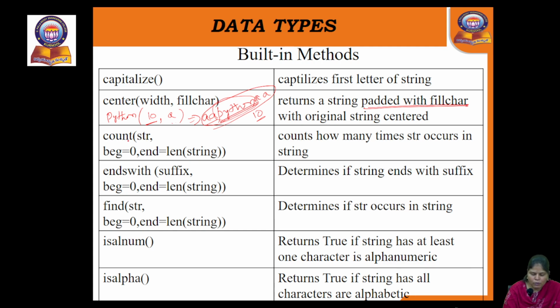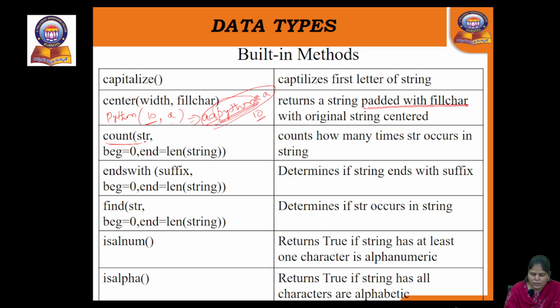Okay, now if you want to count the number of occurrences, that means within a string you want to count how many times a particular character has occurred, or within a statement you want to check how many times a particular string has occurred, in that case you can use this count method.